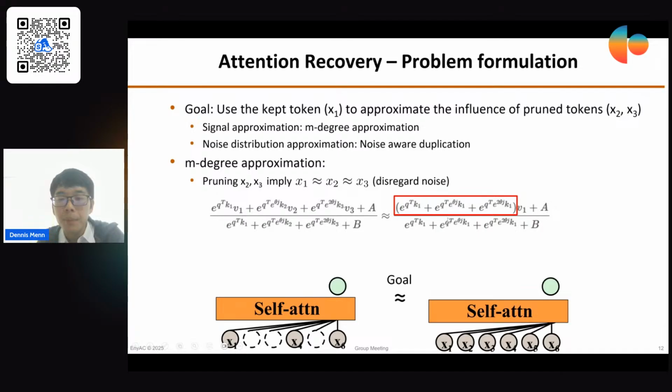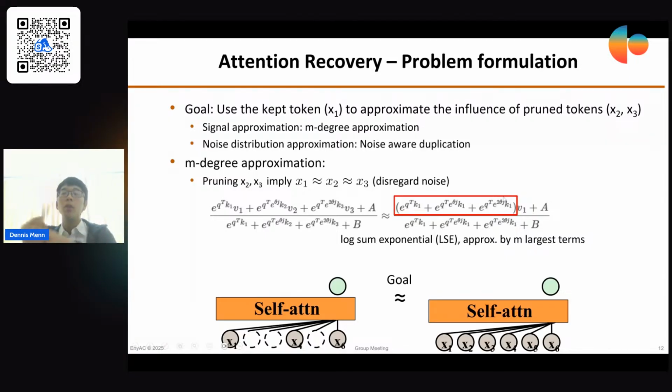This term is called a log-sum-exponential. To approximate this term circled by the red rectangle, you can directly calculate only the m largest terms. And the m largest terms can be determined by the relative position between Q transpose and K, because when you are rotating it, you are essentially shrinking the exponent's term.